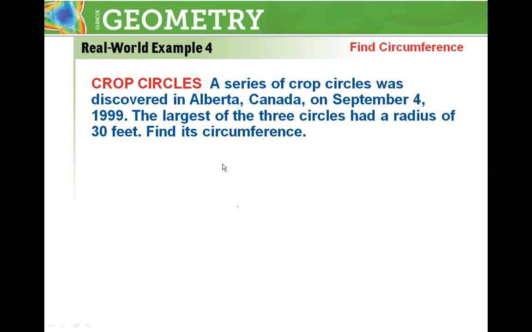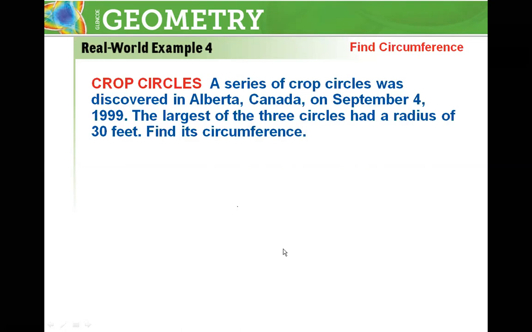Okay, can you read the problem? A series of crop circles was discovered in Alberta, Canada on September 4th, 1999. The largest of the 3 circles had a radius of 30 feet. Find its circumference. I need to find the circumference. 2 times 30 times pi.